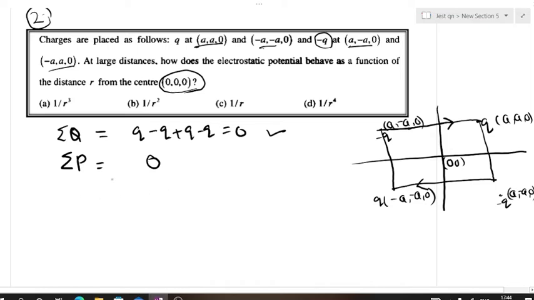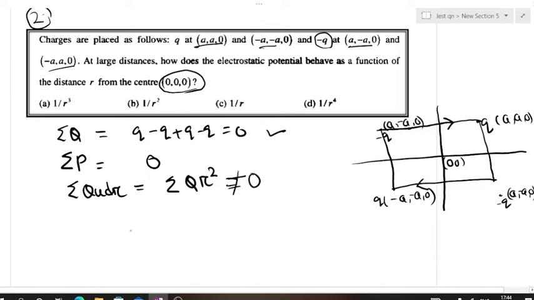Then we have to check the quadrupole. Quadrupole is equal to sum over q into r square. You have to check all this, and that will vanish. Obviously that vanishes. Okay, sorry, that will not vanish.